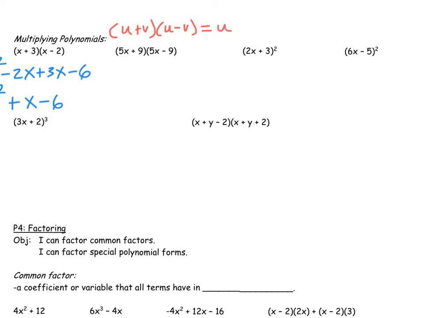It would be u squared minus v squared, okay? So in this case, u would be like 5x and v would be 9, okay? But if you didn't catch that special rule, that's fine. And on a FOIL problem, you never really need to recognize that it's a special case. Just FOIL it. And if you FOIL it correctly, you're going to get to where you want to go.